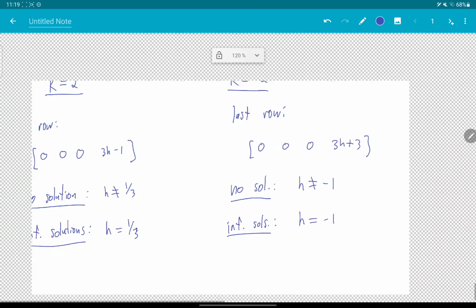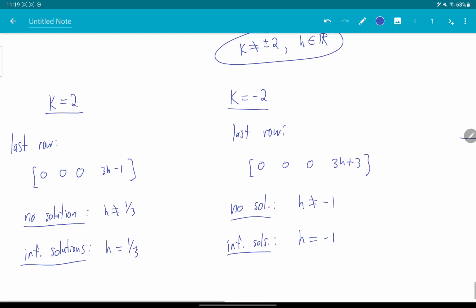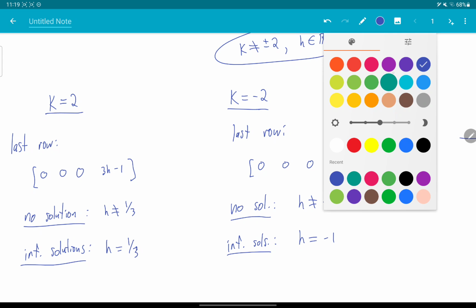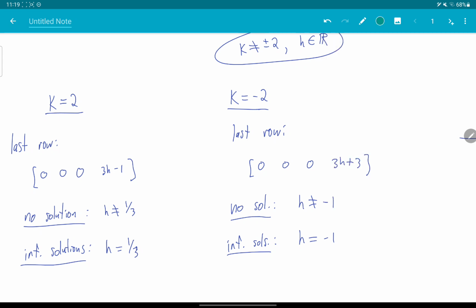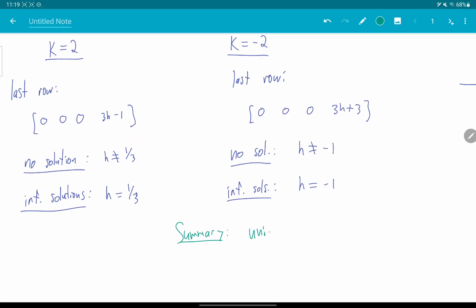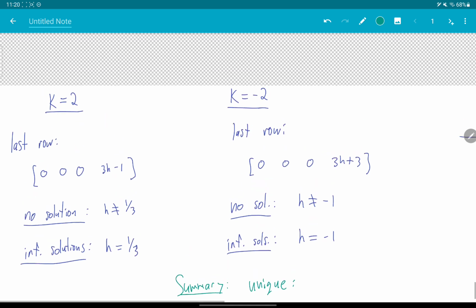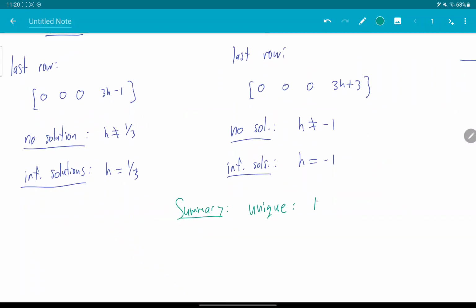Okay, let's try to summarize this. So let's say summary. Unique solution: if you have k not equal to plus or minus 2 and h is any real number.